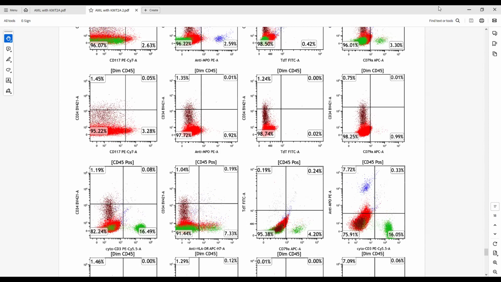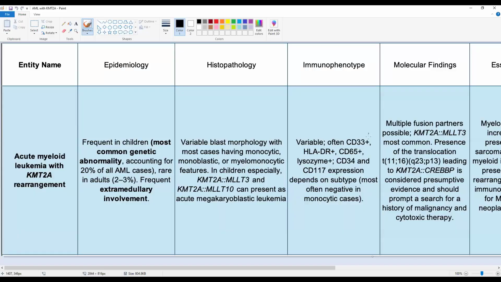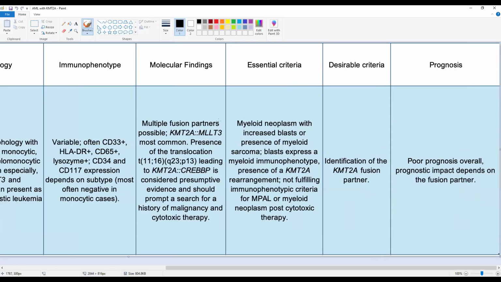Now, let's go back to our presentation. The molecular findings in this acute leukemia include multiple fusion partners with KMT2A. Out of these fusion partners, MLL-T3 is the most common one to be identified. One of the important points that you need to consider is the presence of the translocation of KMT2A with CREB-BP.